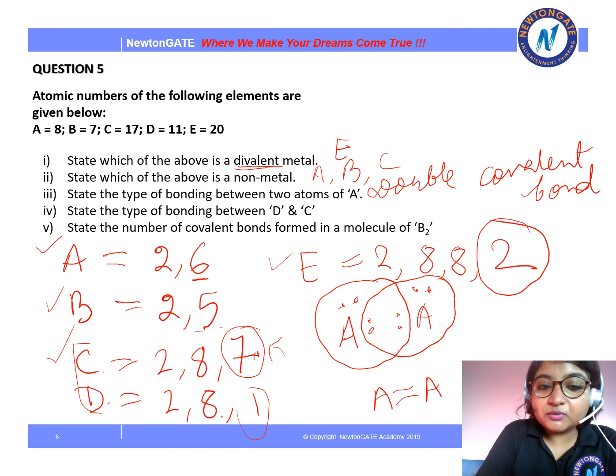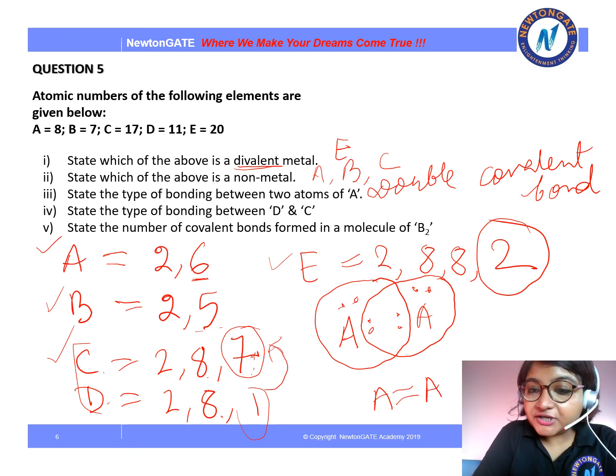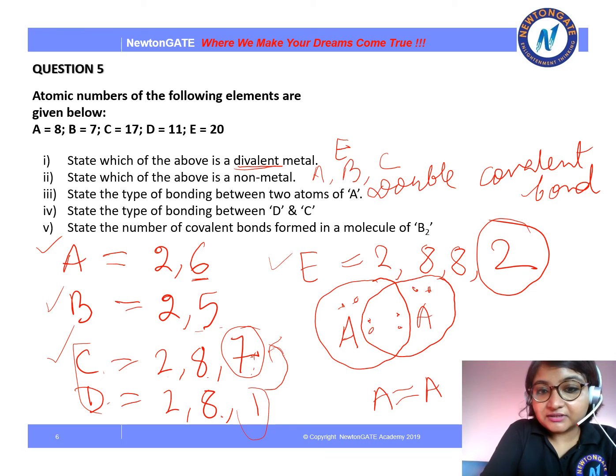Then it will become 2, 8, 8, because the valence electron is 7, so it will need 1 more electron to become 8. So they can form a compound by transfer of electron. That means they will form an electrovalent bond. The answer is electrovalent or ionic bond.